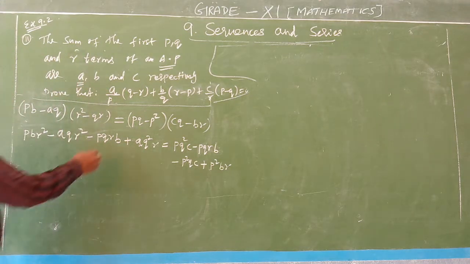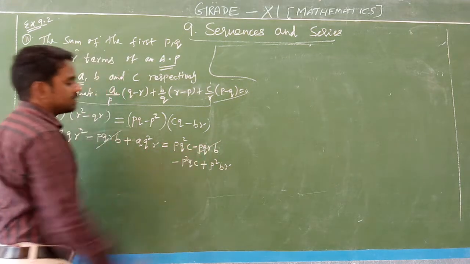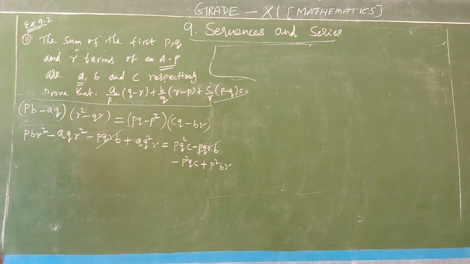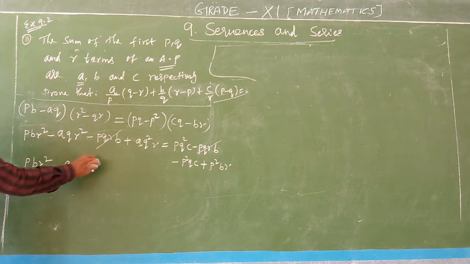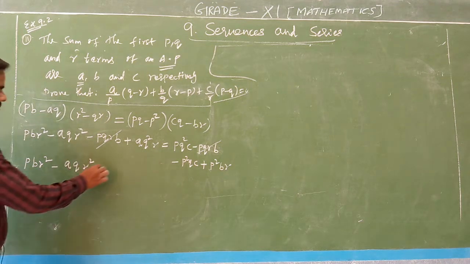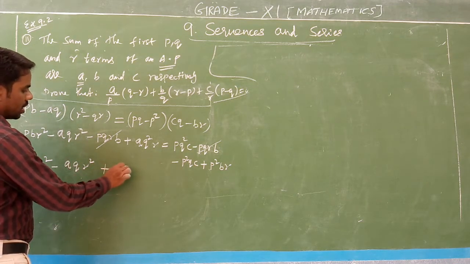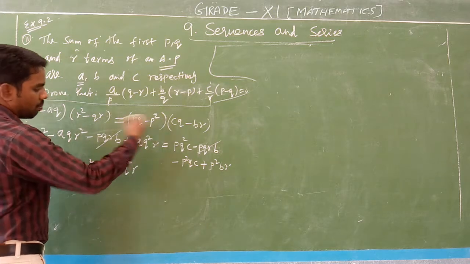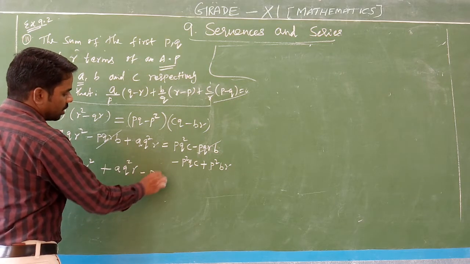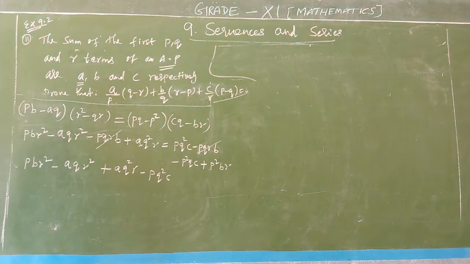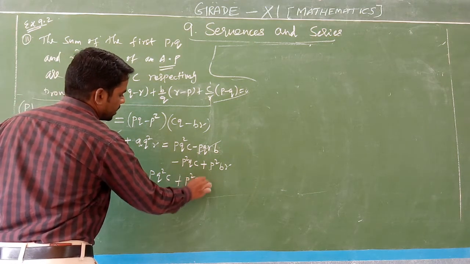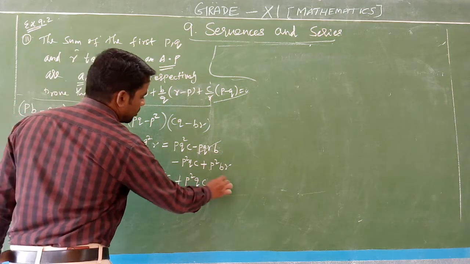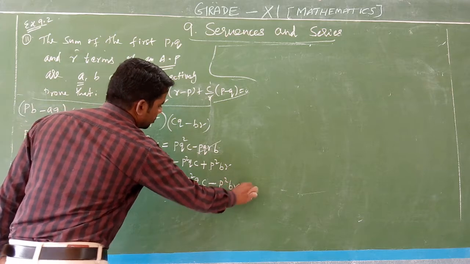Here minus pqrb and minus pqrb are the same value, so cancel these terms. Remaining: pb r squared minus aq r squared plus aq squared r minus pq squared c plus p squared qc minus p squared br equal to 0.